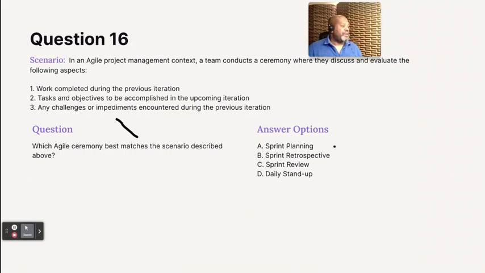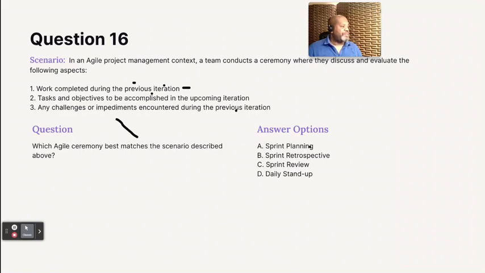That sounds like, so we're looking at the previous iteration, things accomplished. So past tense, any challenges encountered during the previous.